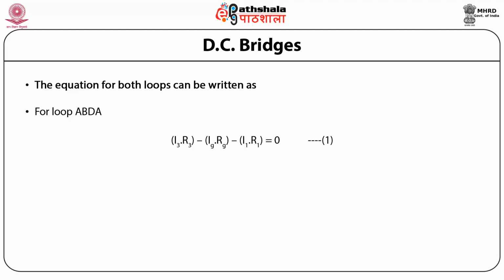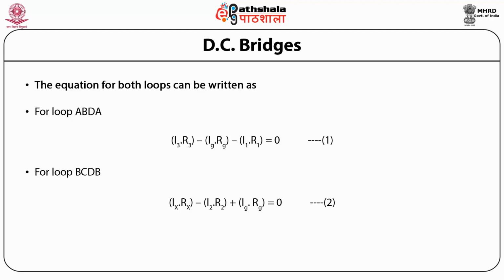This is equation 1. For loop B, C, D, B, Ix dot Rx minus I2 dot R2 plus Ig dot Rg is equal to 0.